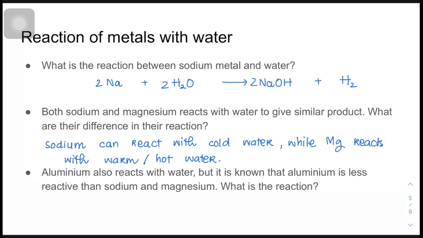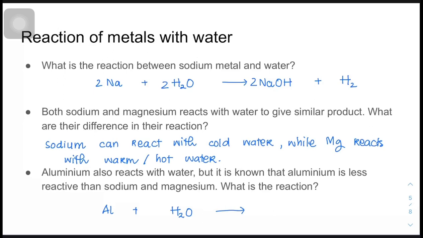Next question. Aluminum also reacts with water, but it is known that aluminum is less reactive than both sodium and magnesium. What is the reaction? Again, we know that aluminum reacts with water, but this is where a little bit of memorization is involved.